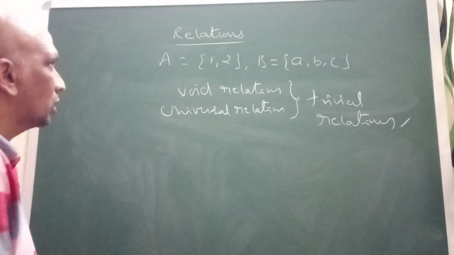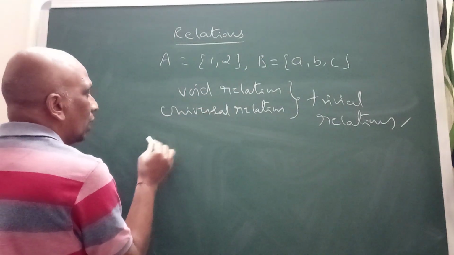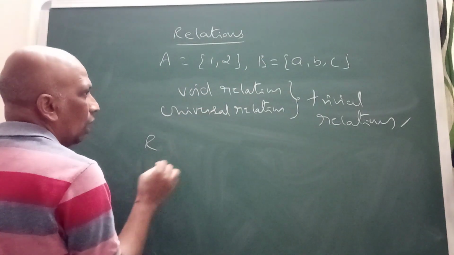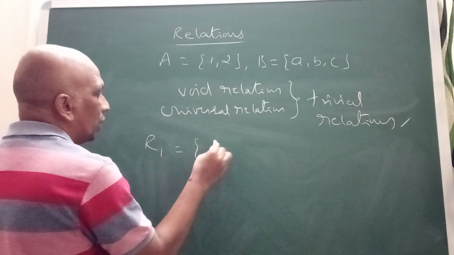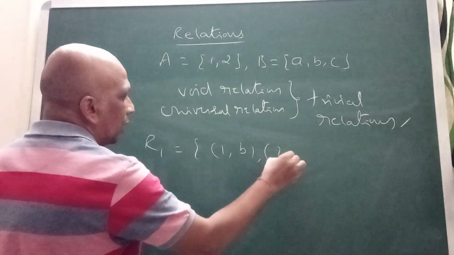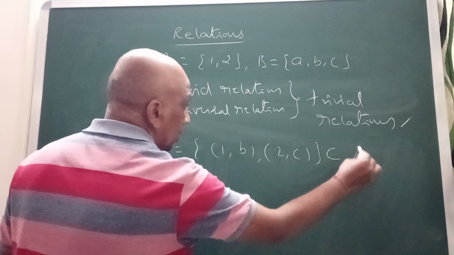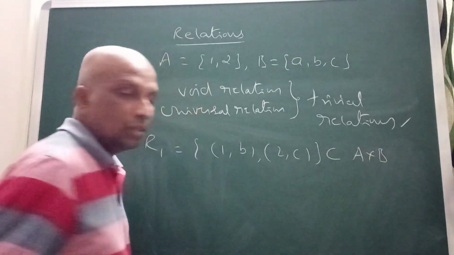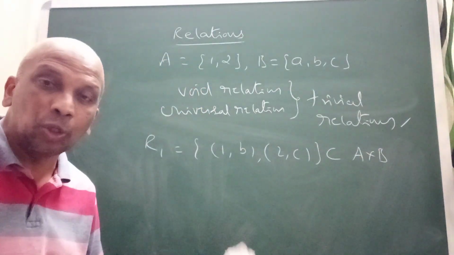Why? Because you can see, for example, I have taken A cross B. Let R1 be equal to {(1,B), (2,C)}. It is a subset of A cross B, right? But it is not the empty relation, and it is not the universal relation.